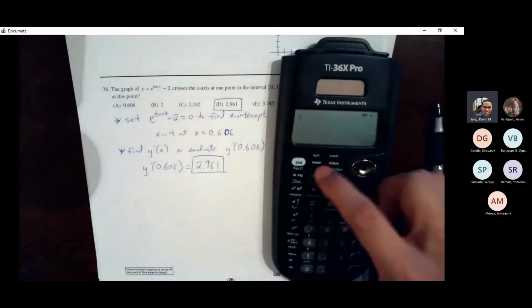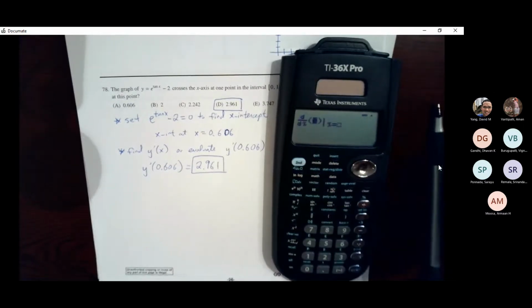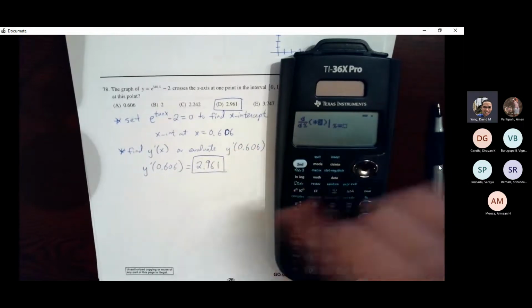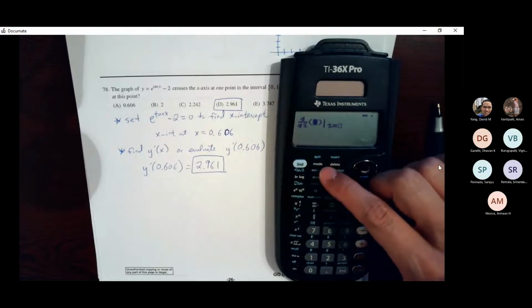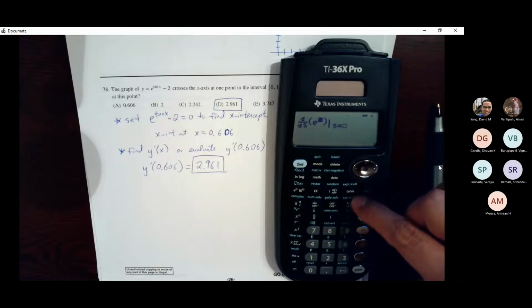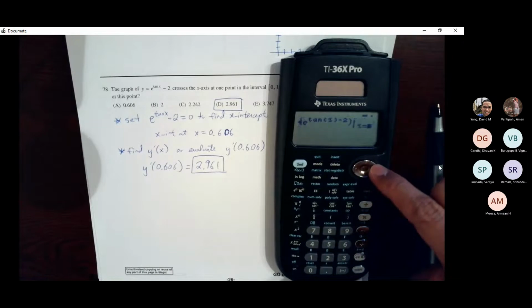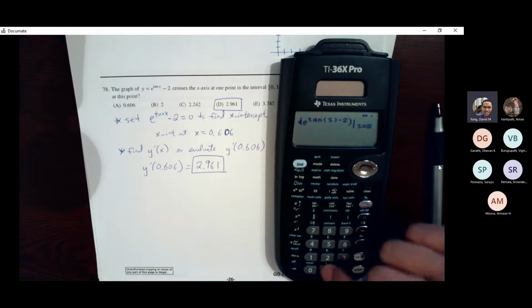Derivative feature. I want to find the derivative of this e to the tan x minus 2 at x equals 0.606.